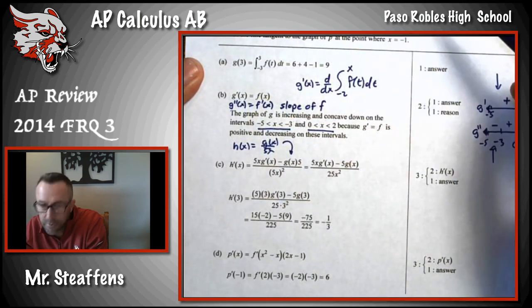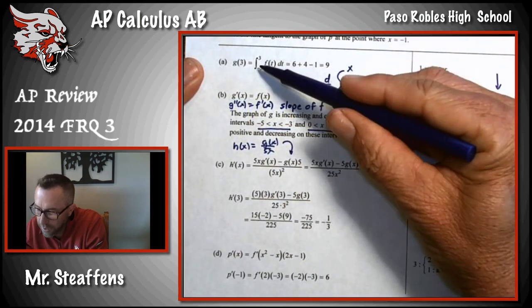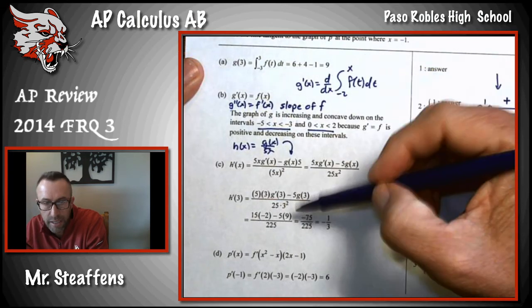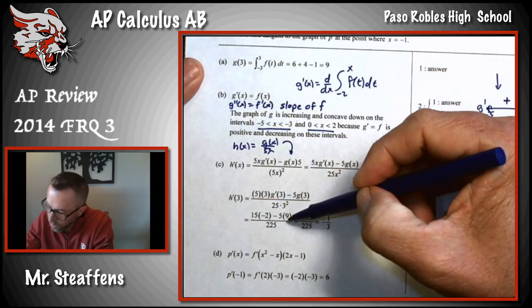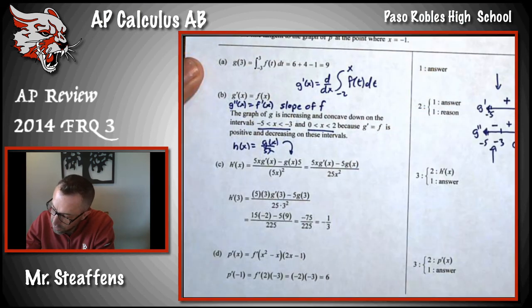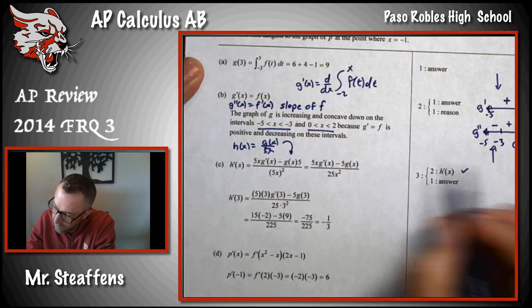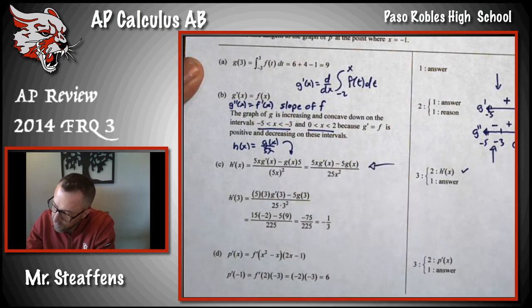Oh, it's what we found up top. G of 3 is this area that we found right here. G of 3 was 9, so g of 3 is just the 9. That should give us a -1/3. You do get 2 points if you correctly found this derivative right here, and you get 1 point if you correctly found that answer.